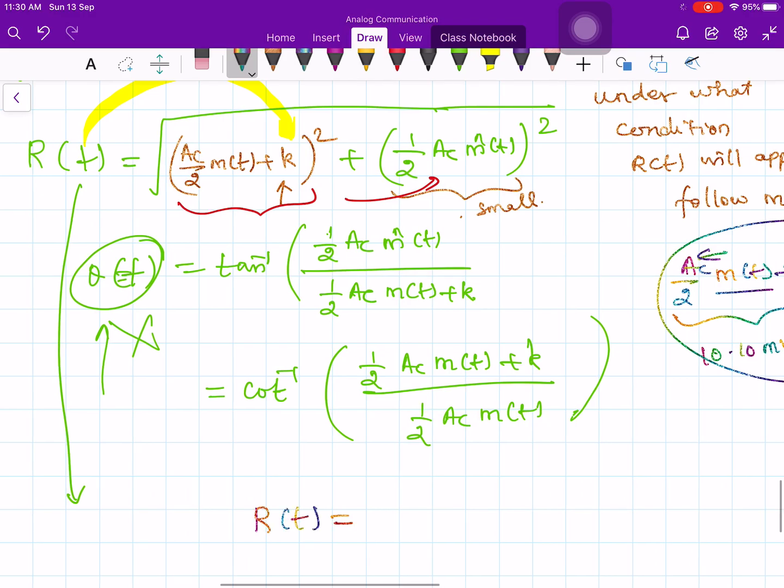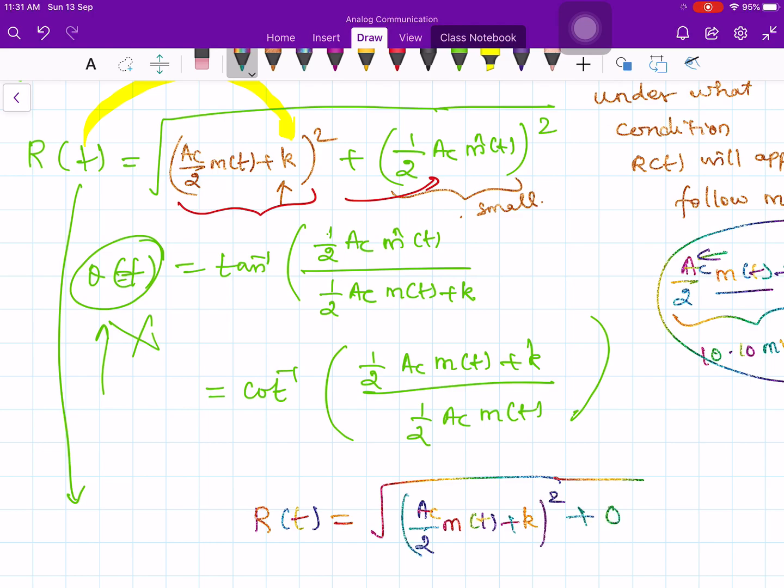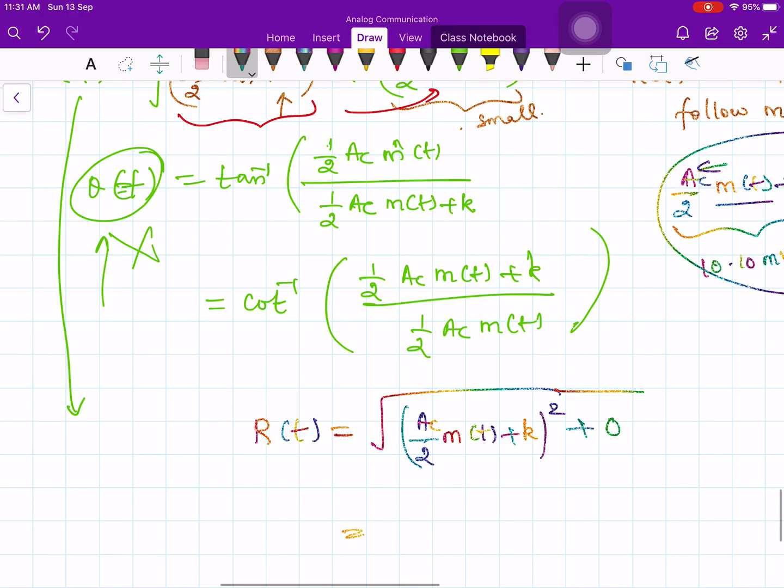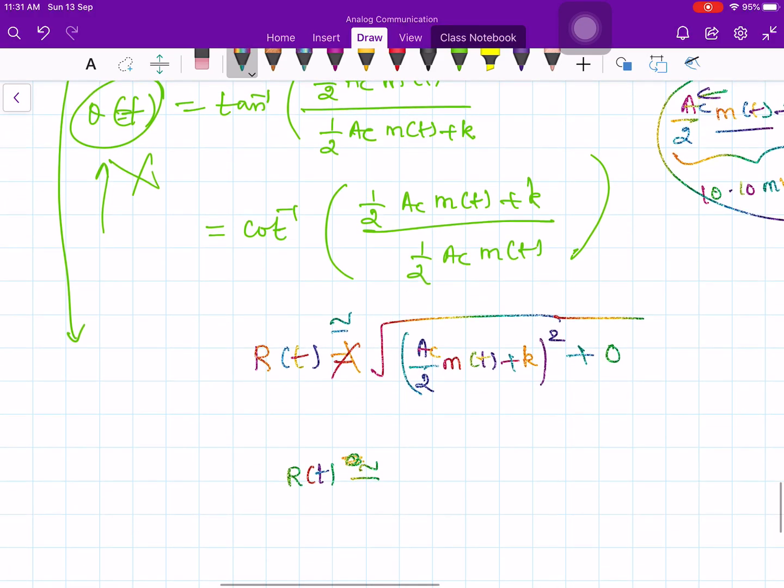R(t) is equal to the square root of (AC/2 m(t) plus k) the whole square, plus a term you can make very small. This is not equal, actually it is approximately equal. Therefore R(t) is approximately equal to AC/2 m(t) plus k.